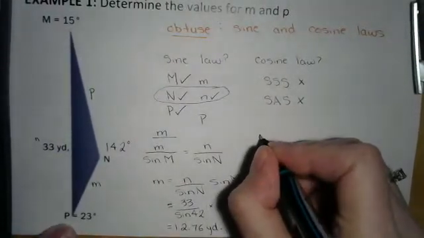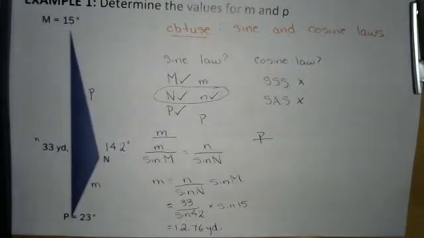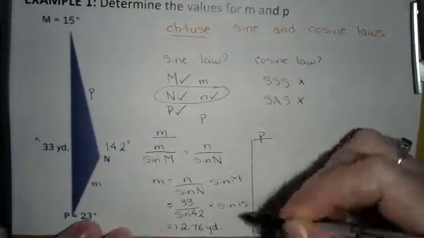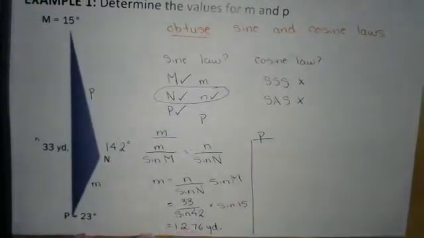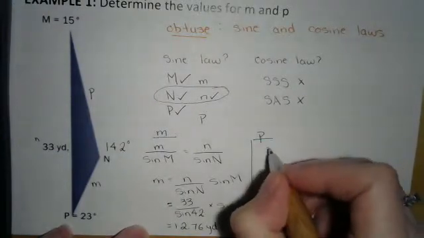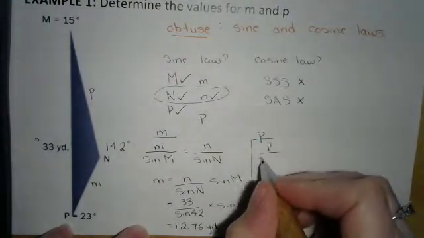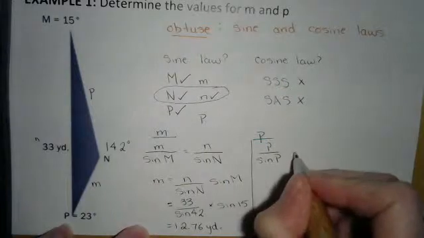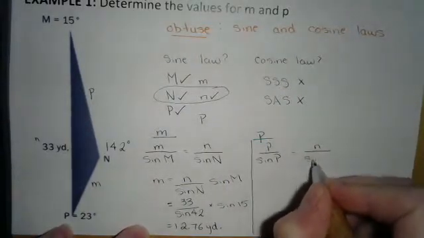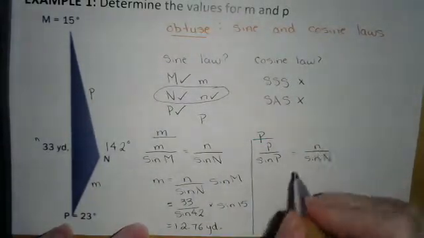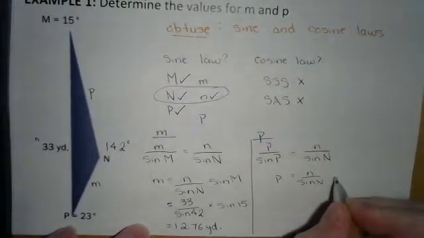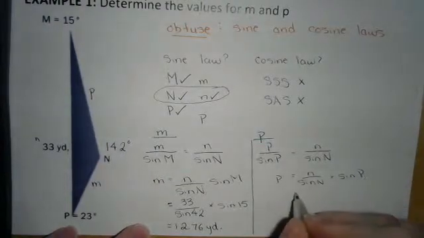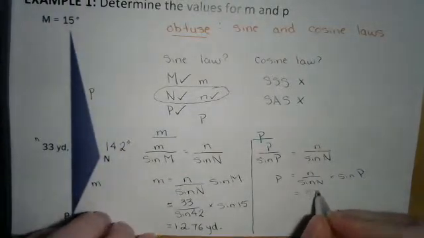Finding little p, we have little n, looking for little p. Okay. Same thing again. Little p divided by sine P equals little n divided by sine N. Rearrange for p, substitute your numbers in.